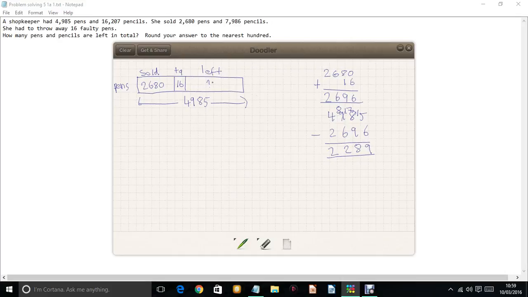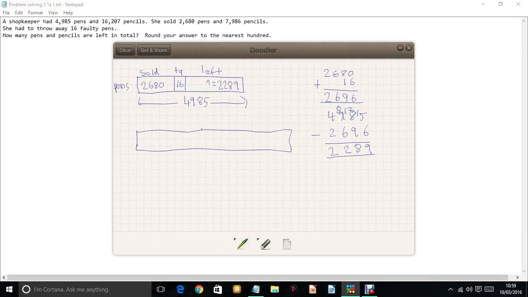So this bit equals 2,289. And what does that mean? There were 2,289 pens left at the end. Right, let's draw a similar block for the pencils. We had a lot more pencils, so even though this is not to scale, I am just going to make this a bit larger. Gosh, I'm really terrible at drawing, aren't I?